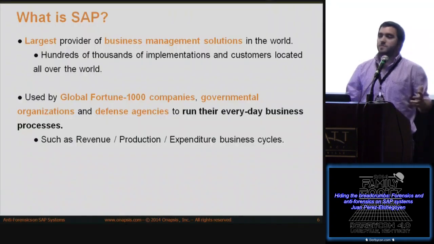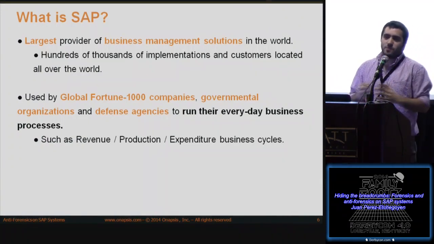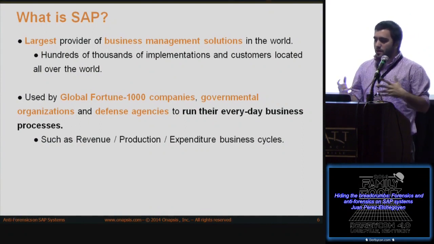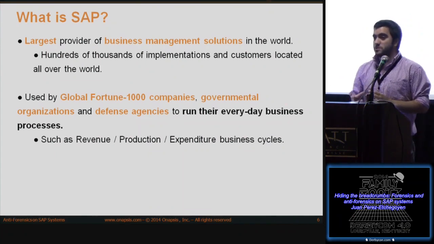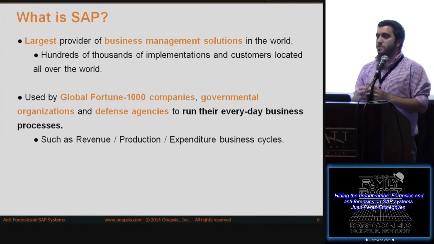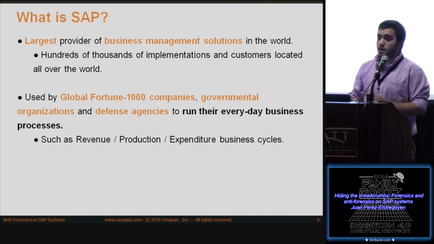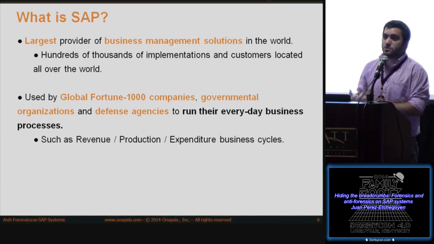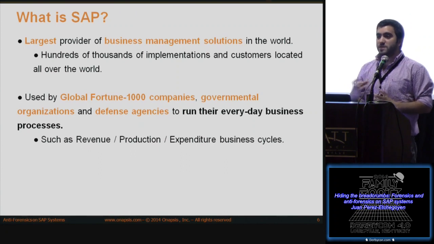So what is SAP? SAP is the biggest software vendor in terms of business applications, and we are talking about applications that run the most critical business processes. We are talking about ERP, CRM, maybe those terms are more familiar to you, BI (business intelligence), business warehouse, GRC, solution manager. All those are applications that run on top of SAP systems.